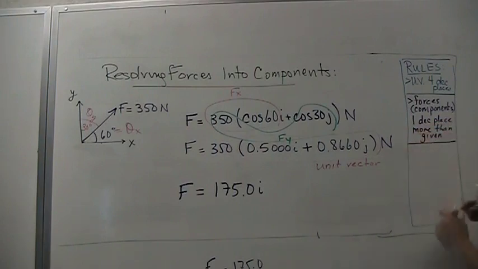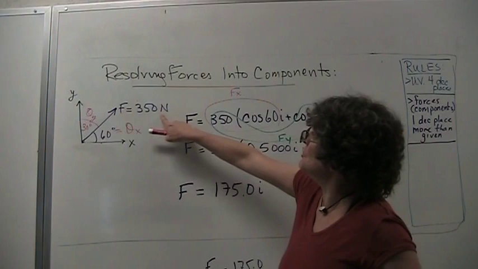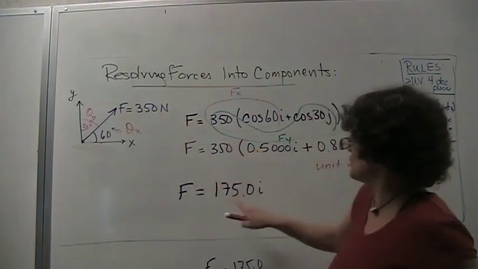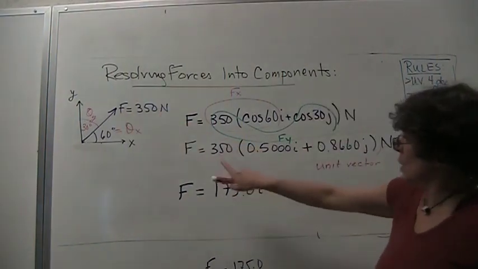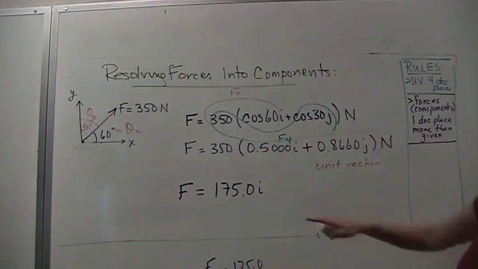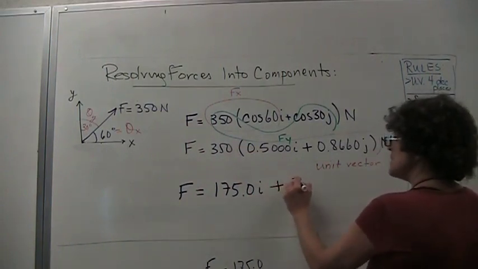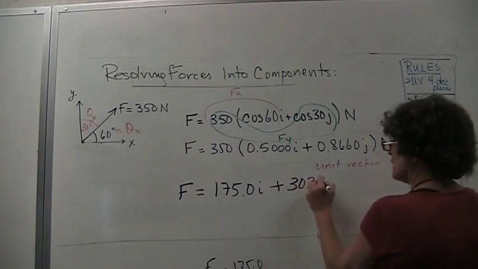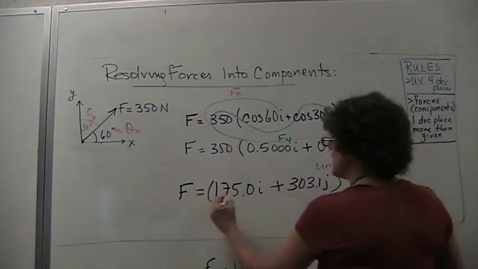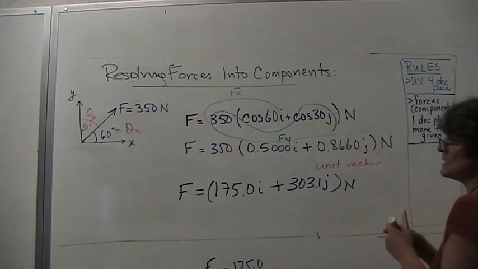So in this problem, what was given was 350 newtons, so we're going to have our component 1 decimal place more. So 175.0 i plus 303.1 j. And then I have to make sure that I put my units at the end.